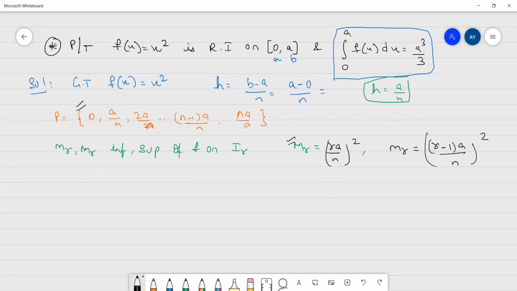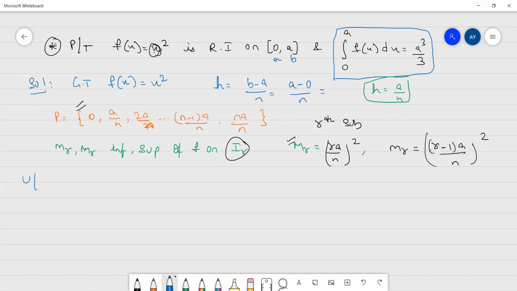You have to put it in this form, as this is x square: r a by n whole square and r minus 1 into a by n whole square. Why are we writing r and r minus 1? Because we are defining it with respect to the rth subinterval. So r a by n whole square is the supremum and r minus 1 into a by n whole square is the infimum.